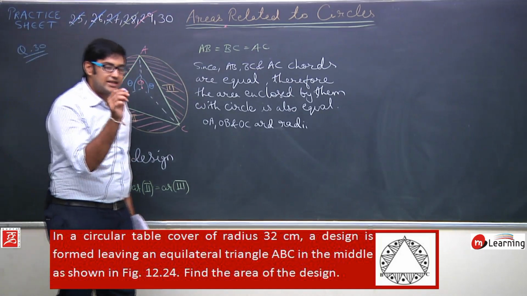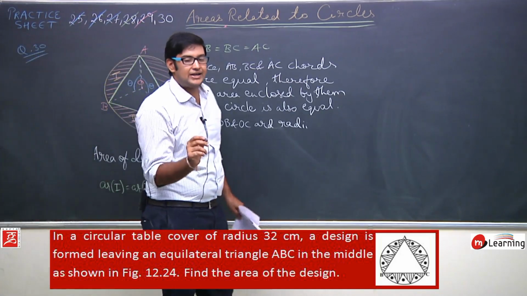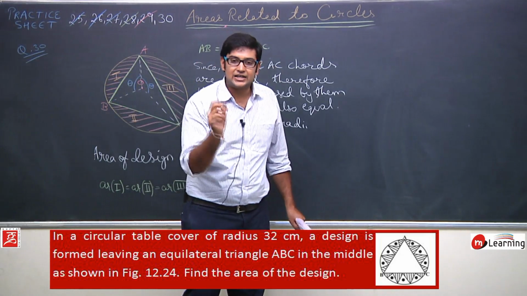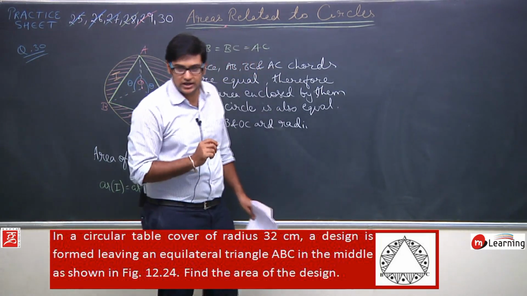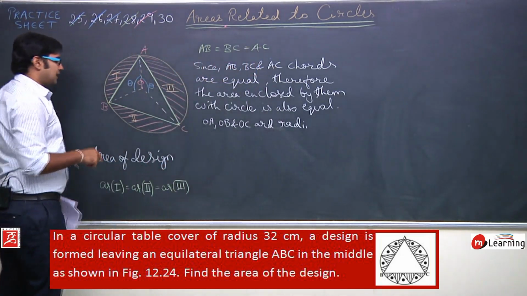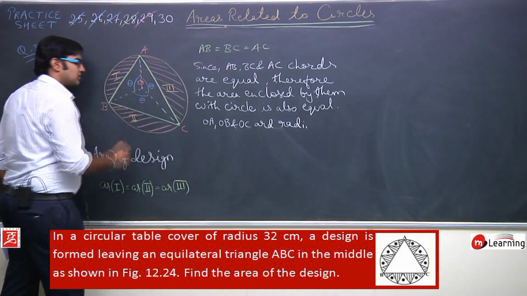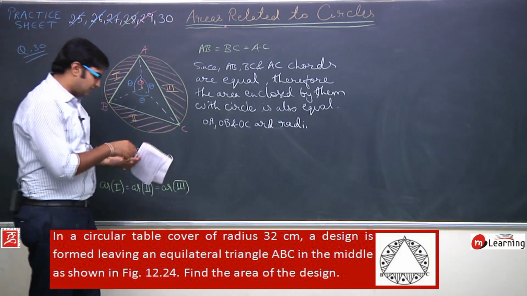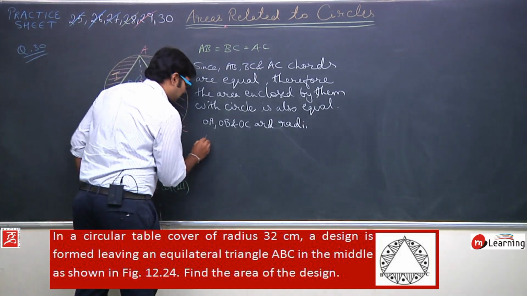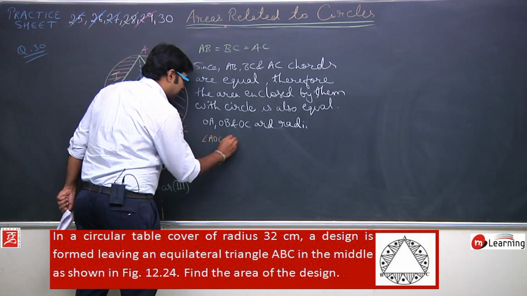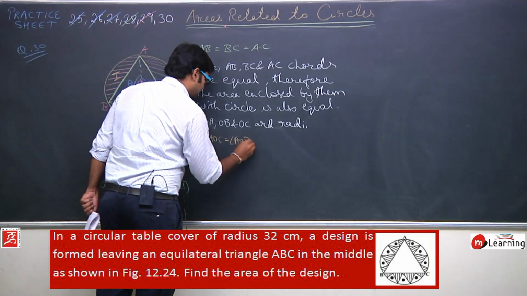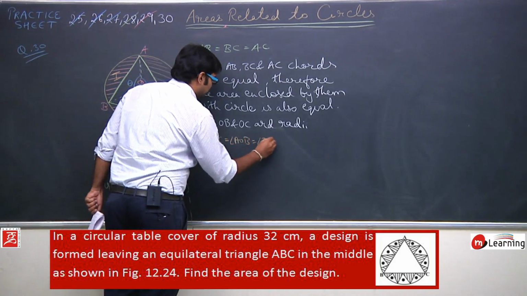Why? Because equal chords subtend equal angles at the center. This is a property of the circle. Similarly, the angle subtended by chord BC at the center is also theta. So angle AOC equals angle AOB equals angle BOC.